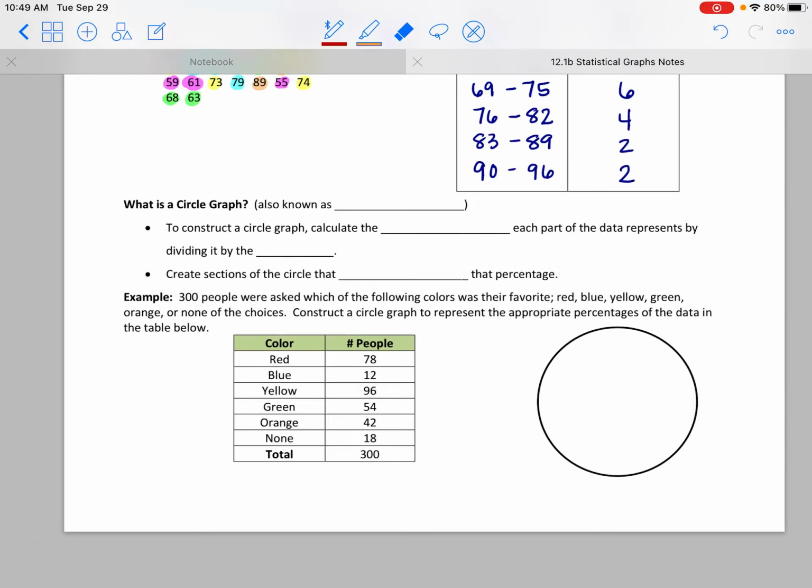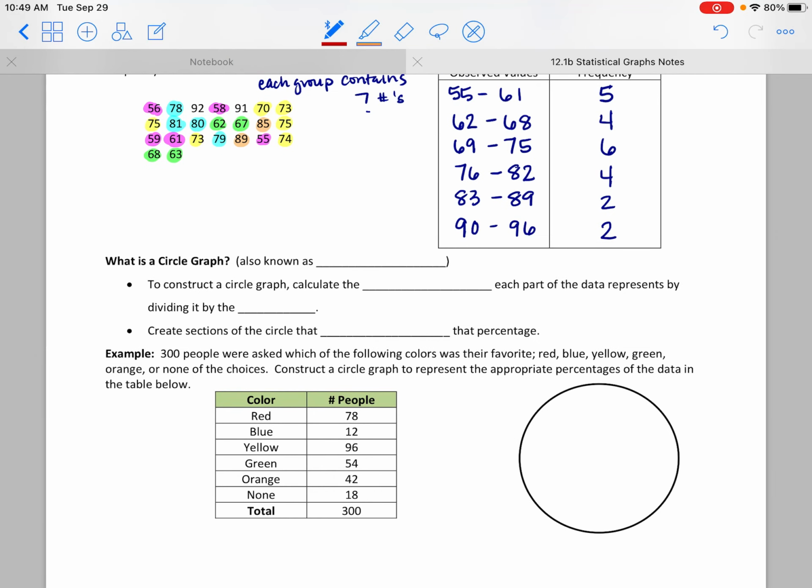And then the rest of these, again, should be good review. The next one we're going to look at is the circle graph. Sometimes you call this a pie chart. You should be able to make a circle graph, but since we're in an online format here, it's probably going to be more important that you understand the workings of the circle graph.